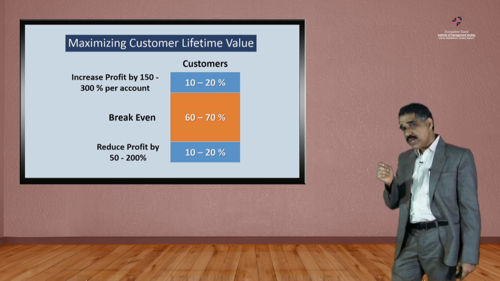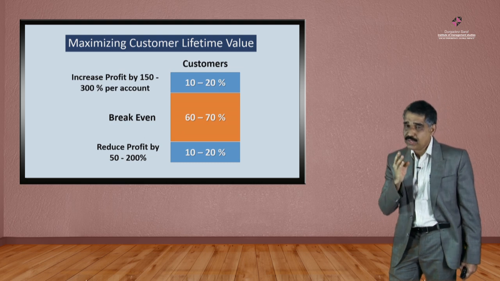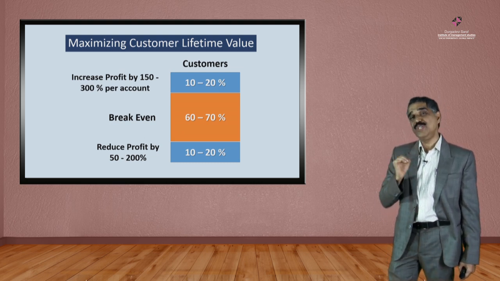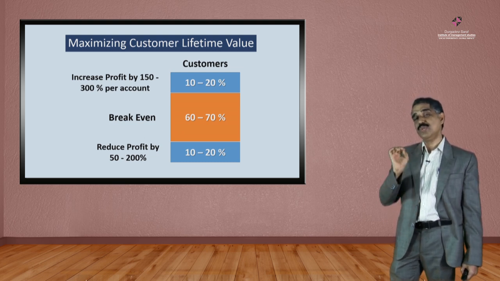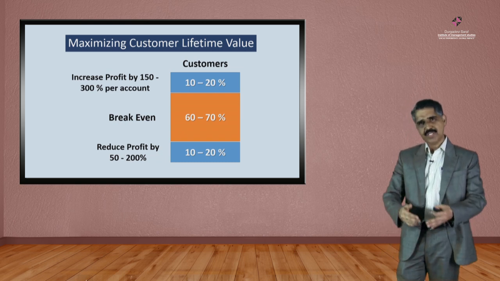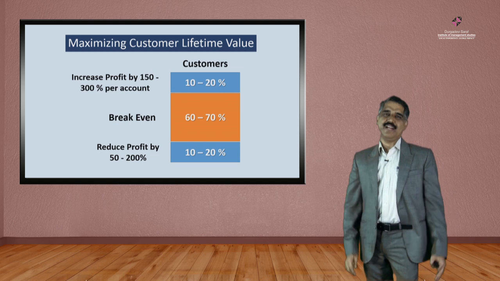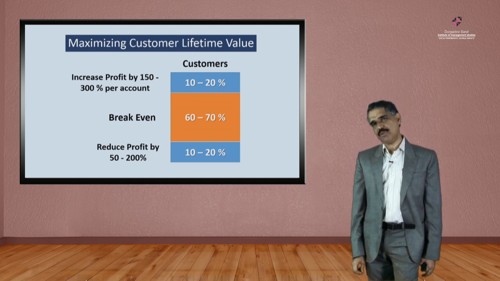So if you can make them happy, that 10 to 20% can increase your profit by 150 to 300%. I'm going to give you an example. I'm sure you must have gone to different retail establishments. I'm taking one example here, Shoppers Stop.